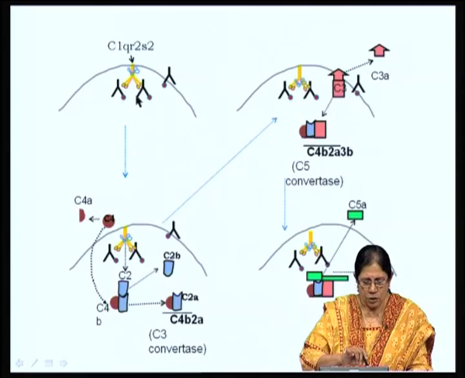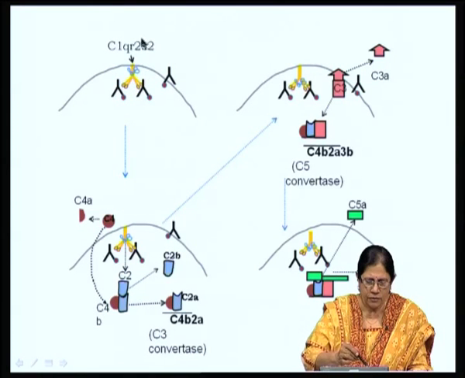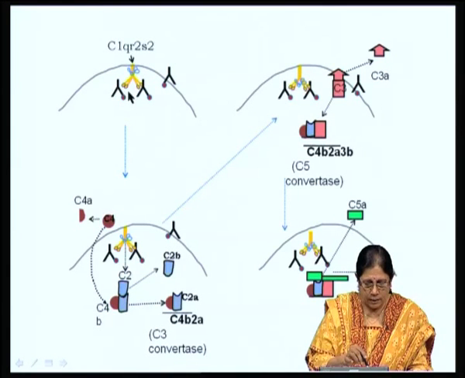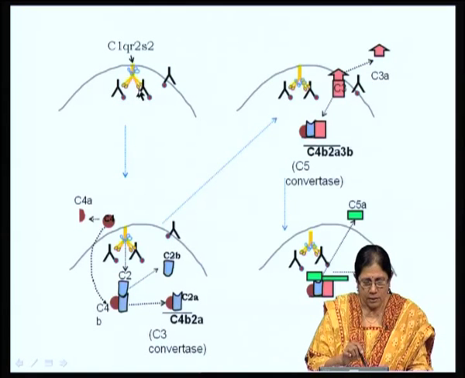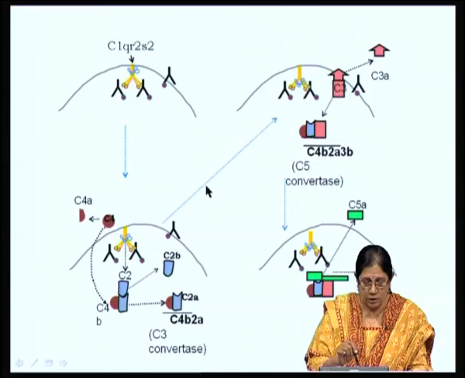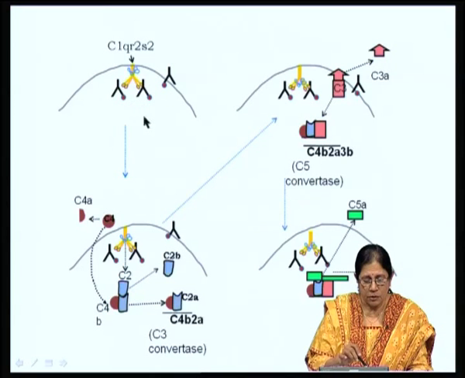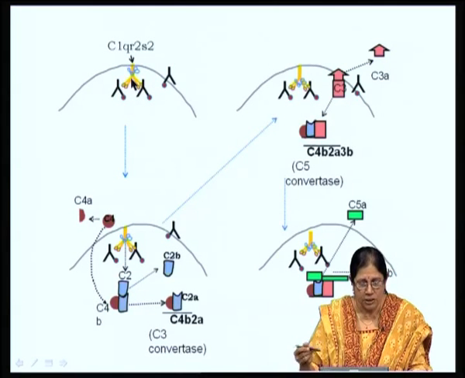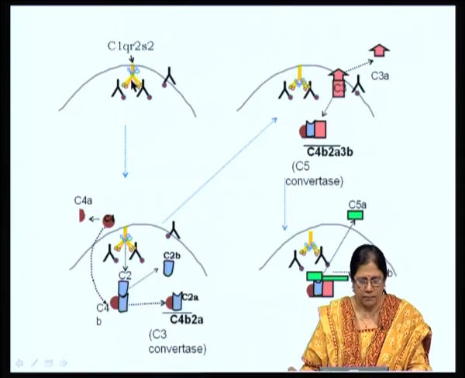So, at least two immunoglobulin molecules should be in close proximity, so that two heads of the C1q molecule get engaged. The binding of the C1q to this exposed site on the Fc region now induces a conformational change in the C1 molecule.